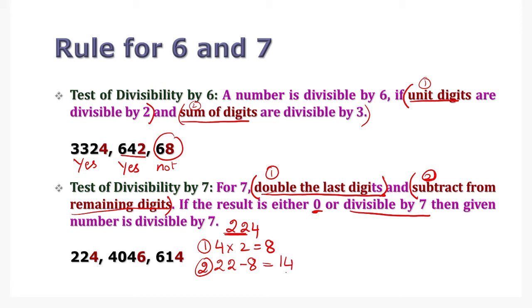Then we have to check whether the result is divisible by 7, or if it's 0, then we could conclude that it is divisible by 7. So now let's check. 14 divided by 7 is equal to 2. We are getting a whole number and the remainder is 0. So we could finally conclude that 224 is divisible by 7 because it satisfies the conditions.